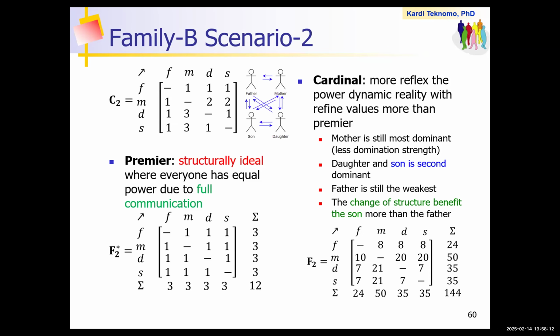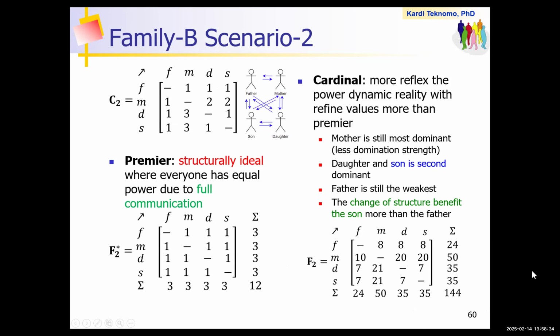But in reality, the strength of influence is not the same between each person, right? In that case, the cardinal network reflects the power dynamics better than the Premier network.